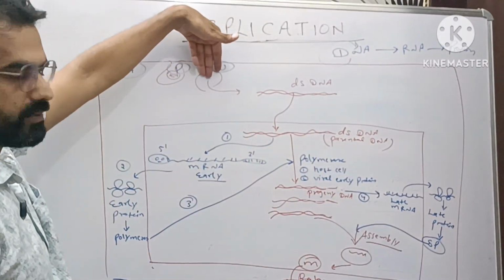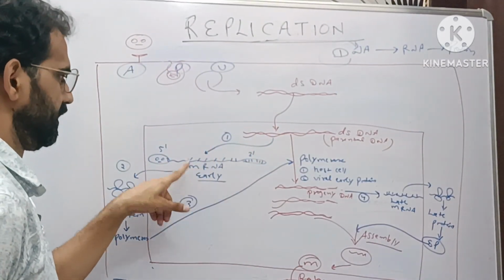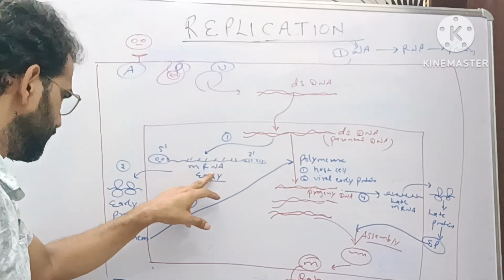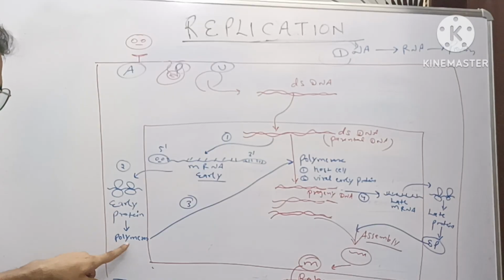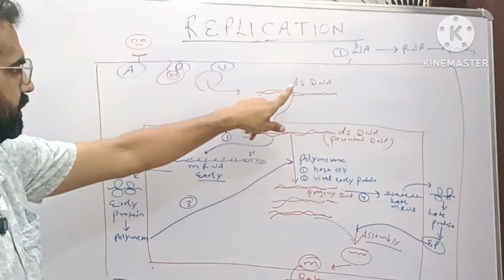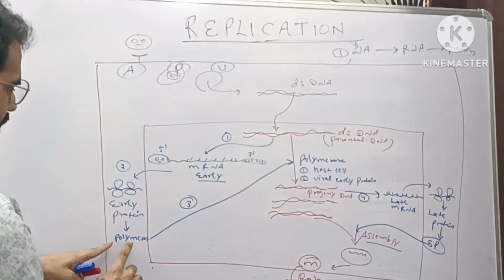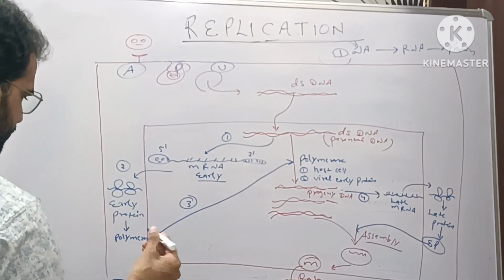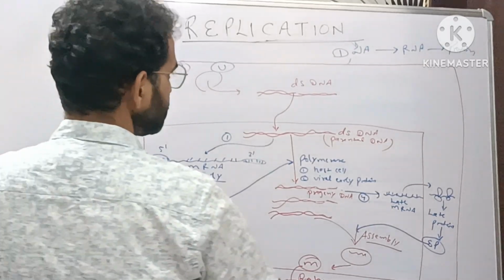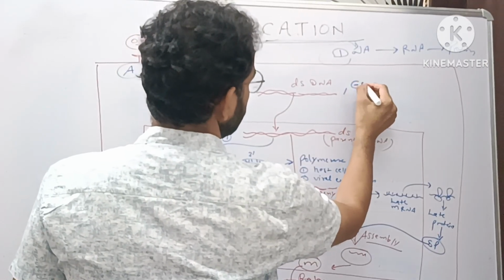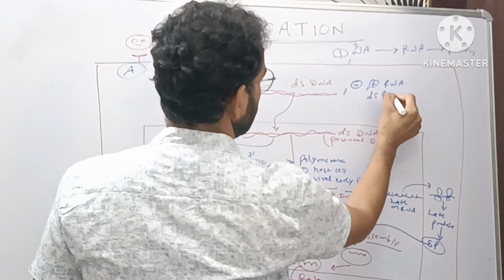After these steps, it enters the nucleus. Then the first step is to make the messenger RNA, which is early messenger RNA. It comes out in the cytoplasm and makes early protein, which is nothing but polymerase. If it is an RNA virus instead, the enzyme formed will be RDRP, whether it is negative or positive sense RNA or double-stranded RNA.